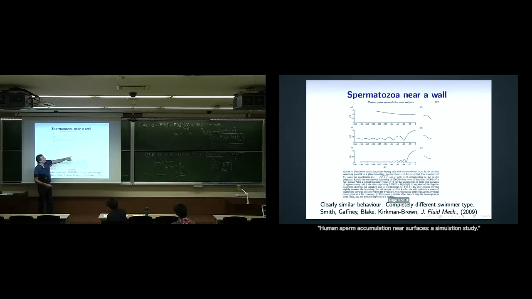This is the trajectory if you've got little sperm with long tails and ellipsoidal heads. And they were solving these Stokes equations using all kinds of clever boundary integral methods. And then these are the trajectories they got. And you can see that basically they were doing the same thing. Qualitatively the same dynamics. You understand? So it's a completely different swimmer type, but ultimately it was doing qualitatively the same thing.